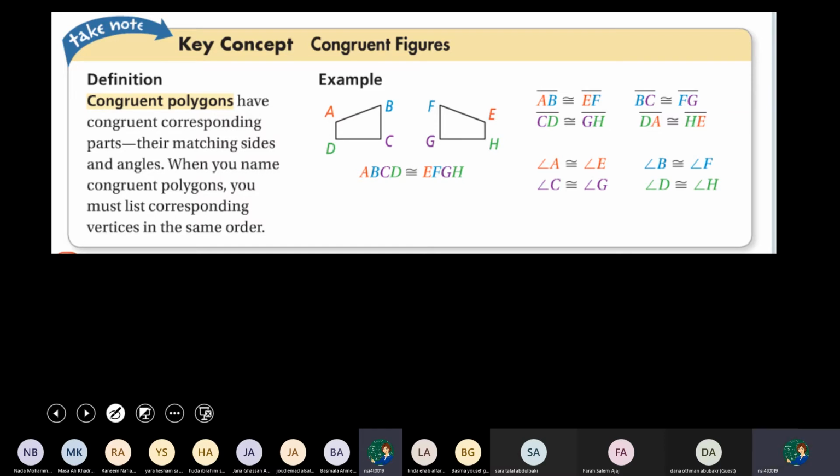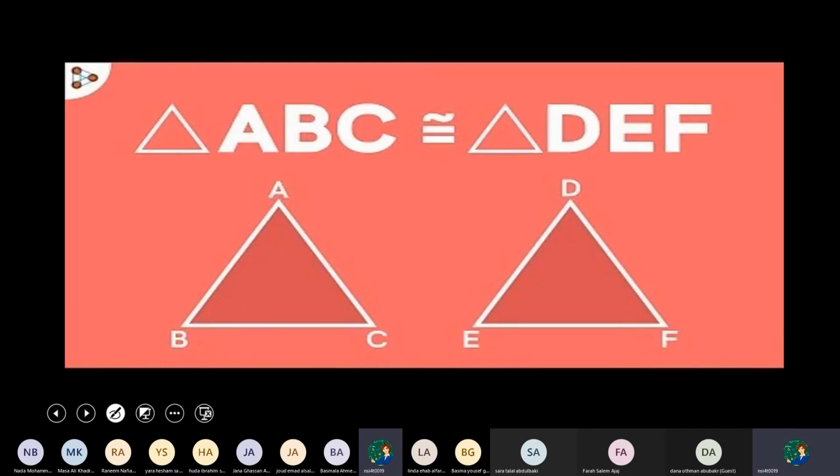Now, if I'm talking about this triangle, do you remember how many statements he wrote? How many statements? He talked about side AB, which corresponds with side DE, and BC, which corresponds with side EF, so I have to move in the same direction.